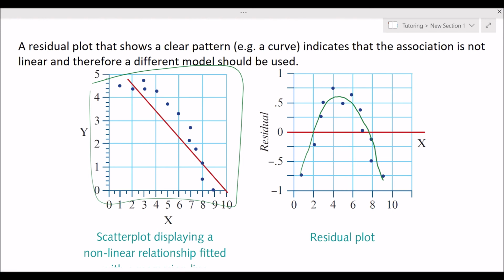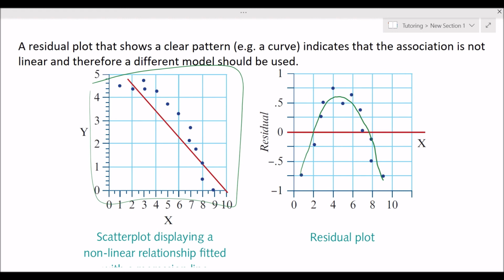There's a curve, and so that indicates that the association is not linear, and you will have to use a non-linear model to analyze this data. We don't study a nonlinear model here in this syllabus, so we would just leave it at that. But it means that your conclusions will not be valid if you use a linear analysis tool on nonlinear data.